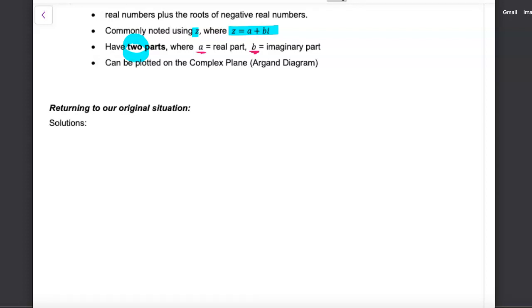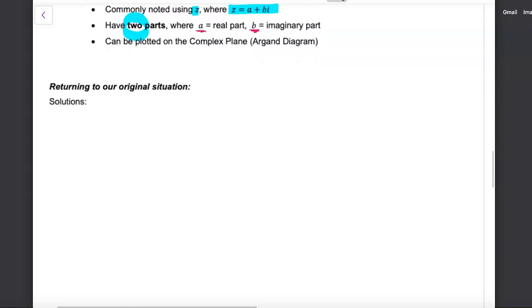Let's return to our first example, where our solutions were x equals 4 plus or minus the square root of -4 over 2. This was our solution to the quadratic we were trying to solve earlier. We realised that our solutions did not exist as real numbers, but in terms of the complex plane, we have two complex solutions.